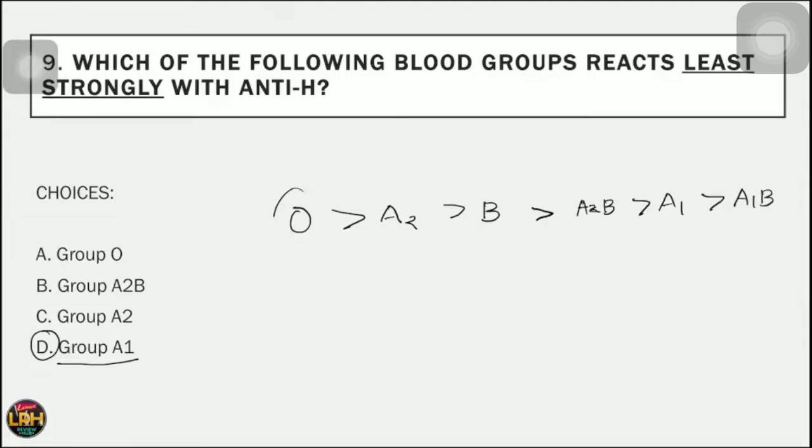So type O has the greatest amount of H antigen, while A1B on this side has the least.